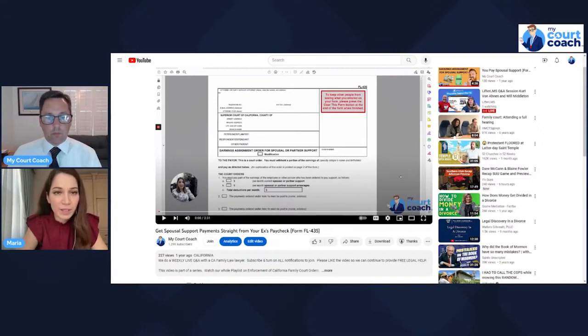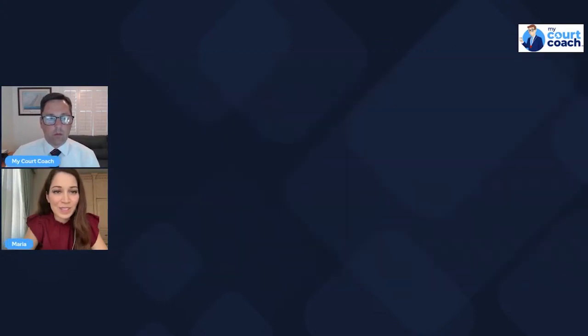The primary way to use a QDRO is to divide retirement accounts, especially if you're dealing with a divorce, with property settlement issues and retirement accounts. There are different kinds. It's a very extensive area, so you could do a whole lesson on QDROs in and of itself. But generally, with a QDRO, you can divide retirement accounts, and that's for the property settlement issue.